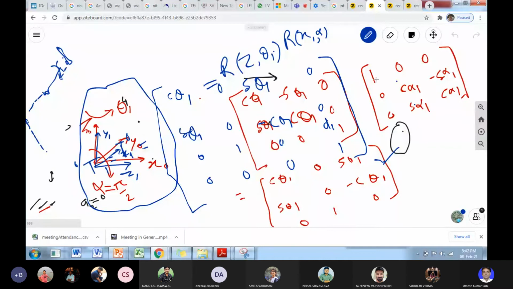And here because there is a rotation along the z axis, theta 2 axis rotation, so cos theta 2, minus sin theta 2, sin theta 2, cos theta 2.